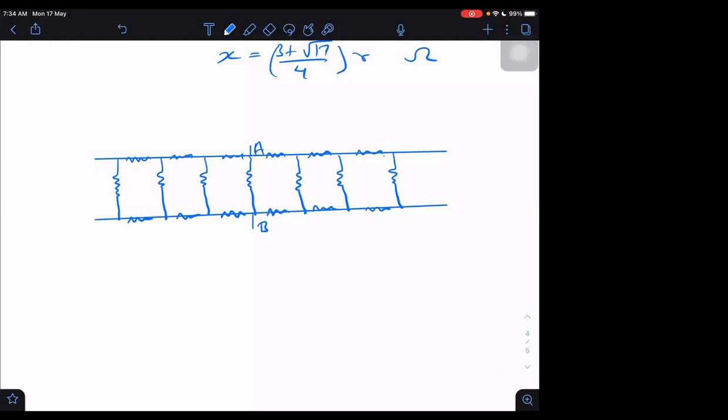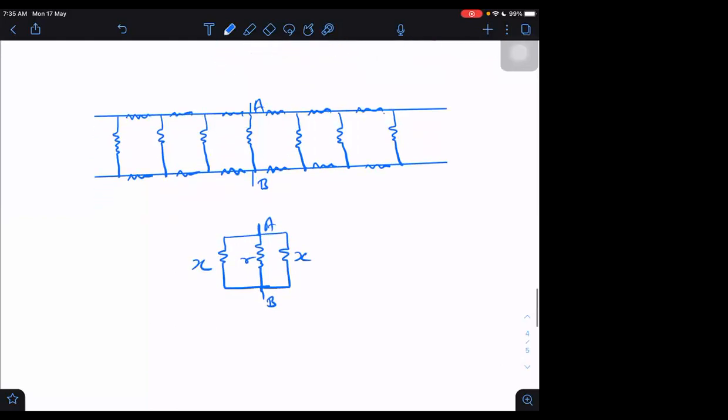Between A and B, all resistances are equal. Yes, sir, then parallel. Understand one thing here. Whatever this side is X, this side is also X. We will find both sides, then I will write this finally as X plus X. This is R, this is X, and this is also X. A, B.